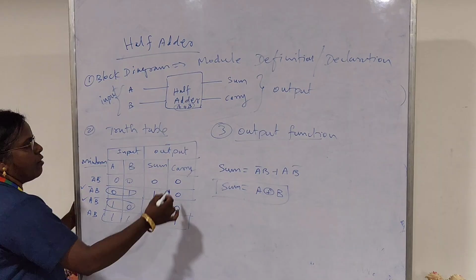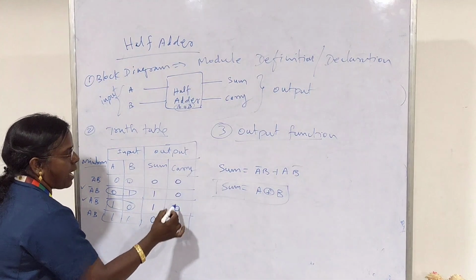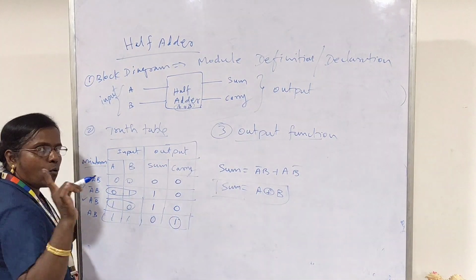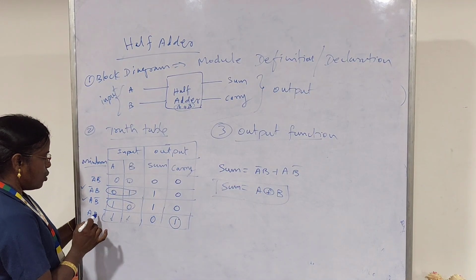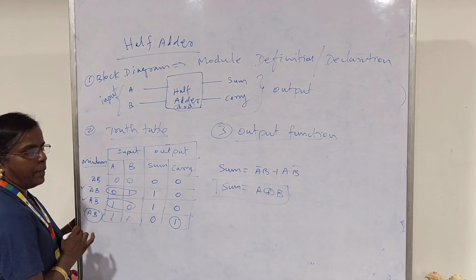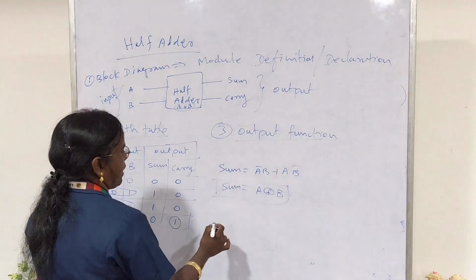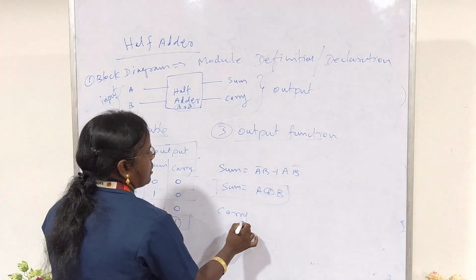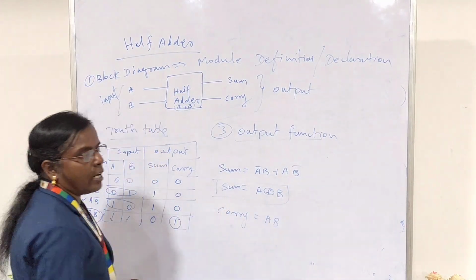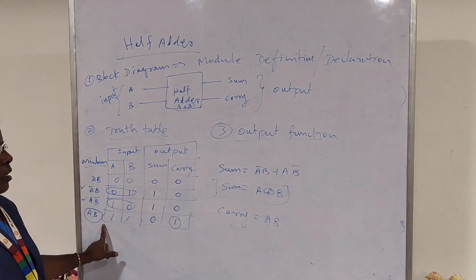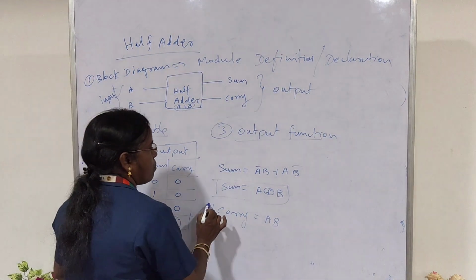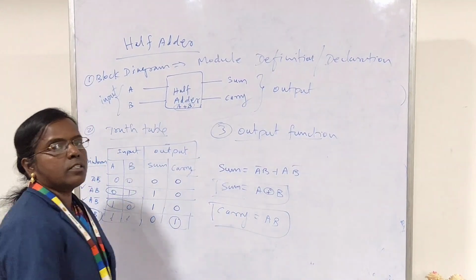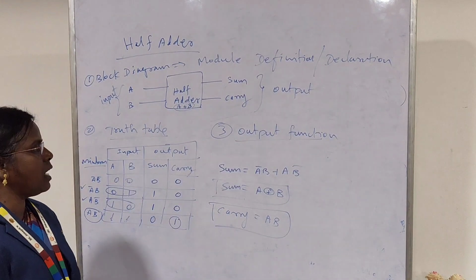In the same way, the carry output is 1 only for one input condition, which is 1, 1. That is, A is 1, B is 1. So we take the minterm AB. Directly we can express carry as the product of A and B, which we can derive from the truth table. This is how we derive the Boolean expressions for the sum and carry outputs of the half adder.